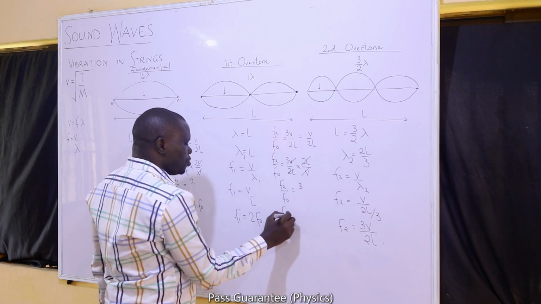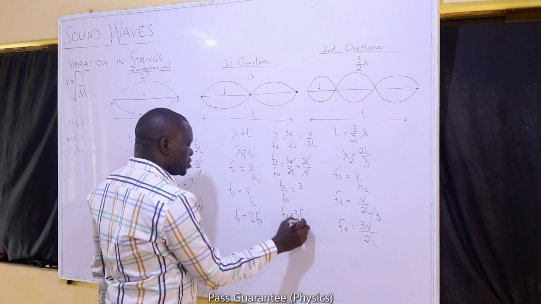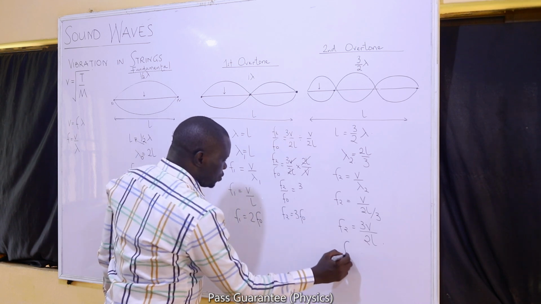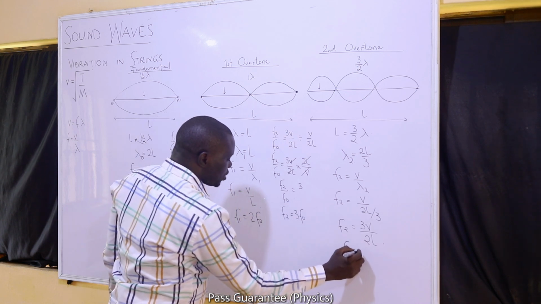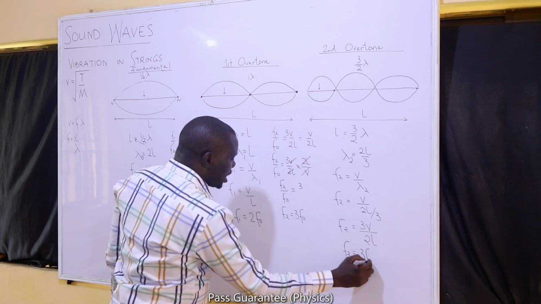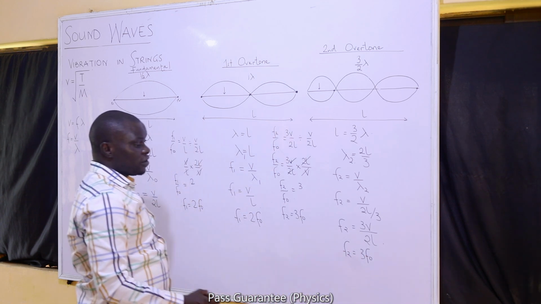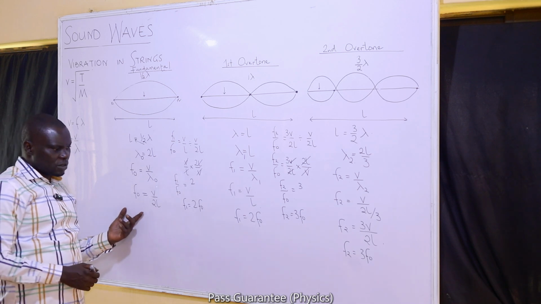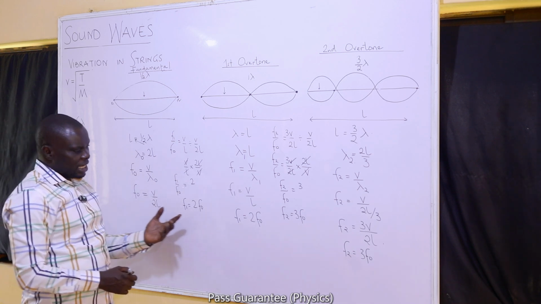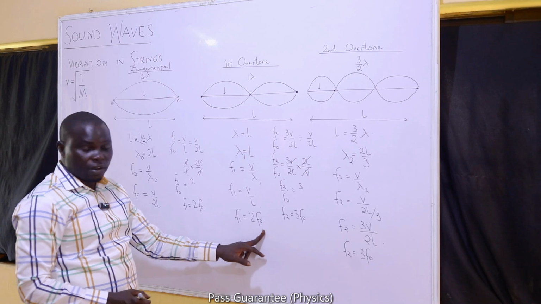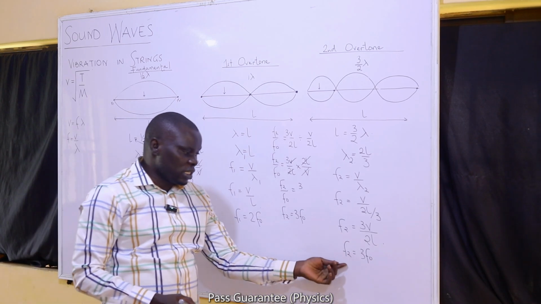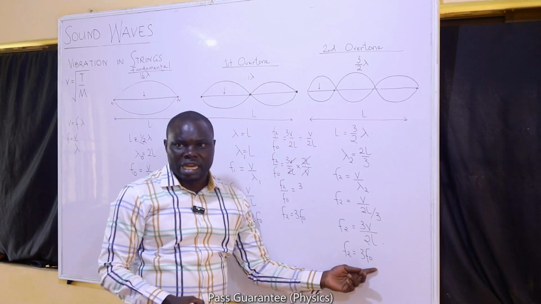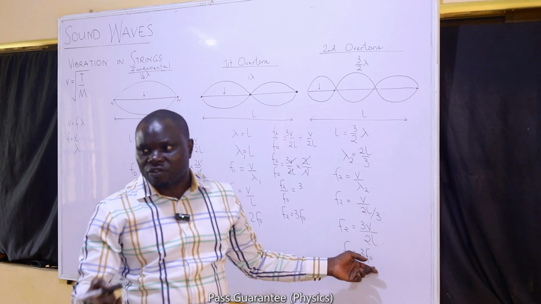That means F2 must be equal to 3 F0. So F2, the frequency of the second overtone, must be equal to 3 times the fundamental frequency. So if I have F0, and the first overtone is 2 times F0, the second overtone is 3 times F0, I can say that the third overtone is 4 times F0.